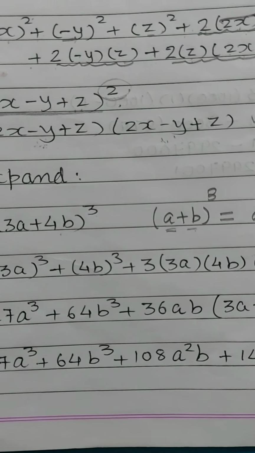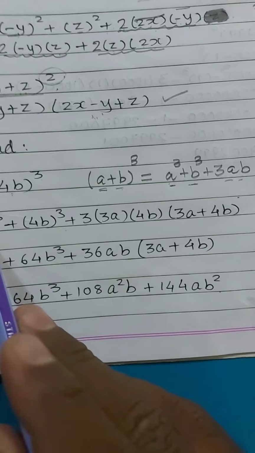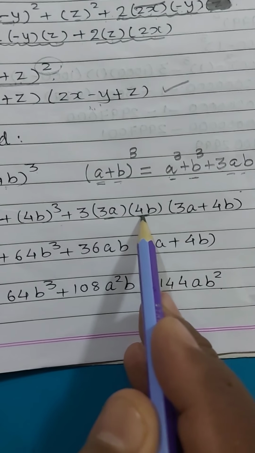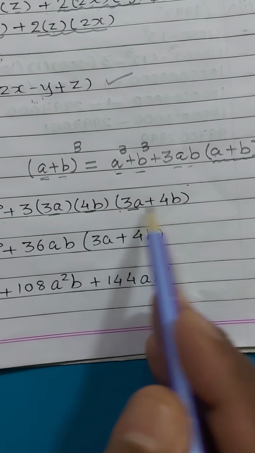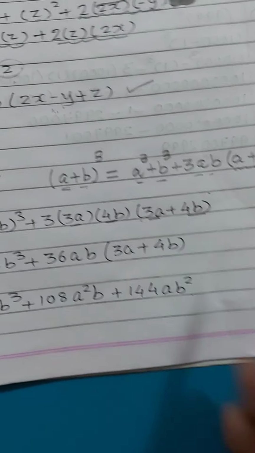So see here also, the first term is 3a, so cube of 3a plus cube of 4b plus 3 into first term into second term into first term plus second term. First we have to write the terms in this way.